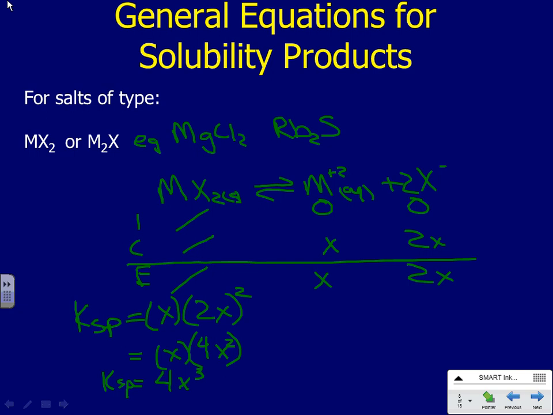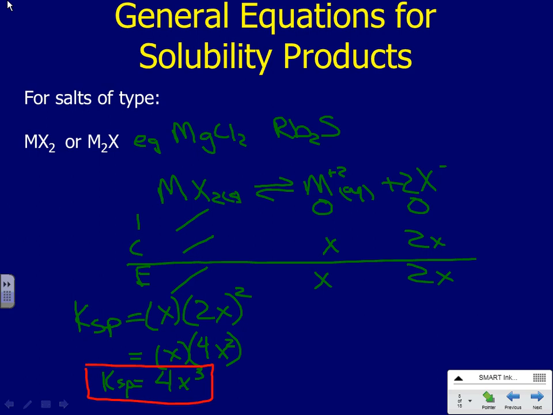And it's very logical. Because the 2X is going to be squared, the 4 comes from 2 squared, right? And the X cubed comes from the fact that there's 3 ions. If there's 3 ions, each one is going to possess an X, and it's going to make it a cubed. If you're asked to find the Ksp, there it is.